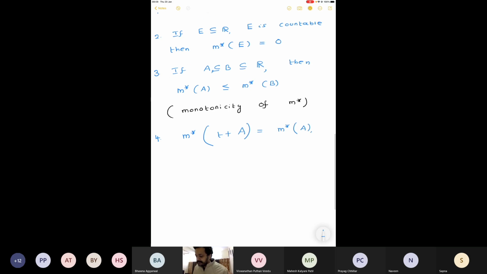Where the translation is defined as usual, t plus A is equal to t plus a, a in A, for any subset of R and for any real number t. Since you are in a field R, this plus makes sense.